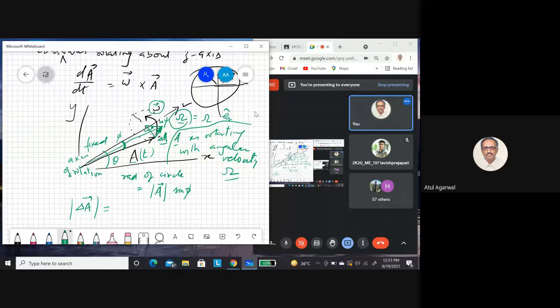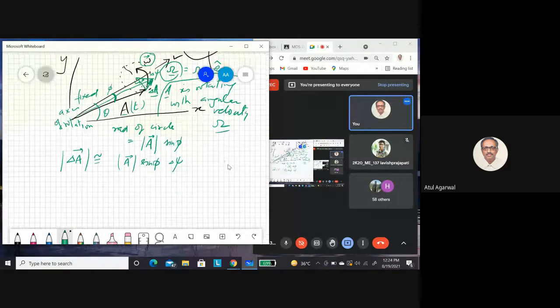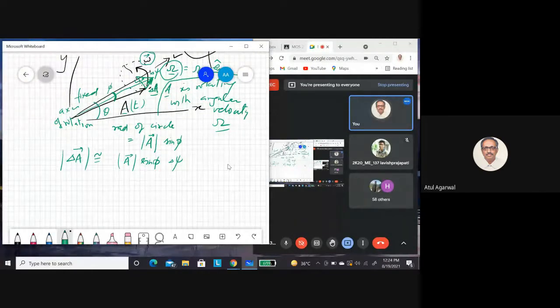So the magnitude of delta A will be the radius of the circle into delta psi. This is almost equal to the arc of the circle. Arc of the circle, as I told you, is given by radius into angle. And if you divide it by delta t, you get the magnitude of vector A sin phi, and this delta psi by delta t.